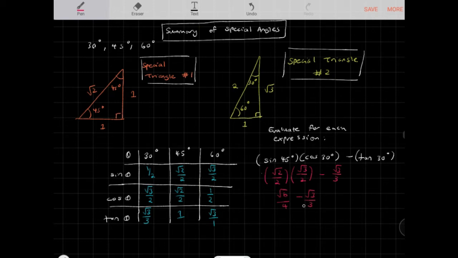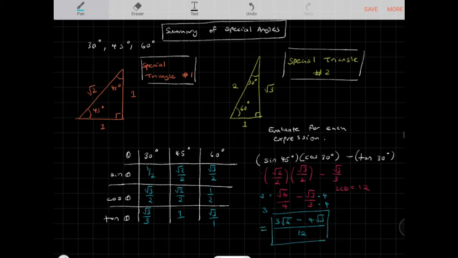In order to combine them, I'm going to find a lowest common denominator, make the denominator the same. So I'm going to use 12 here. I'm going to multiply this one by 3 and this one by 4. So you get 3 square root 6 minus 4 square root 3 over 12. That's really as far as you can go. You can't simplify this any further. So this is basically your answer.